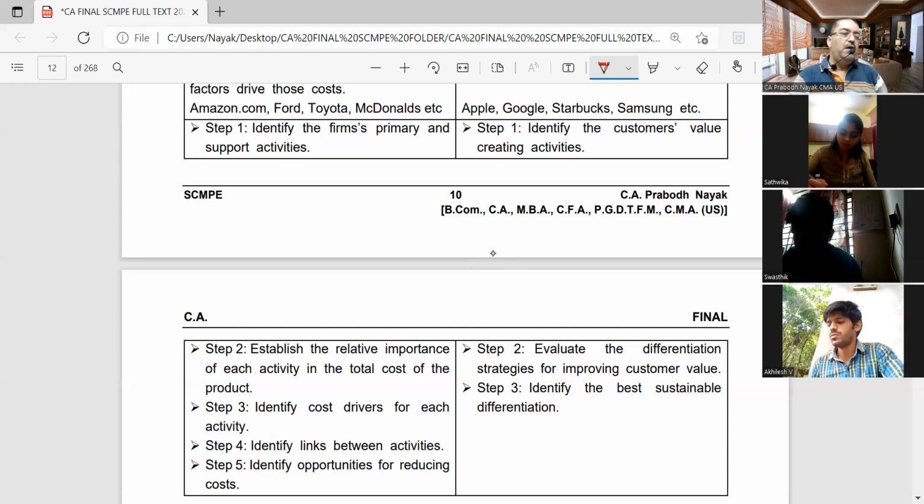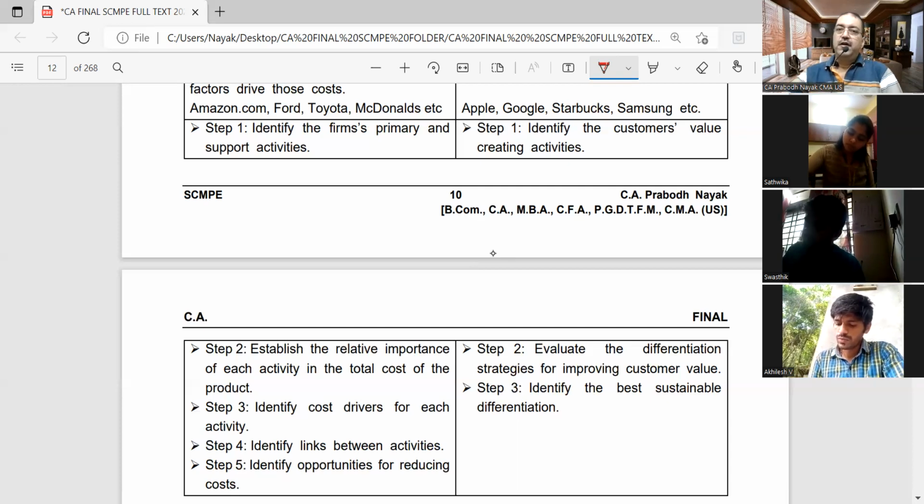Below that, reduction of cost in one activity may lead to further cost reductions in subsequent activities.